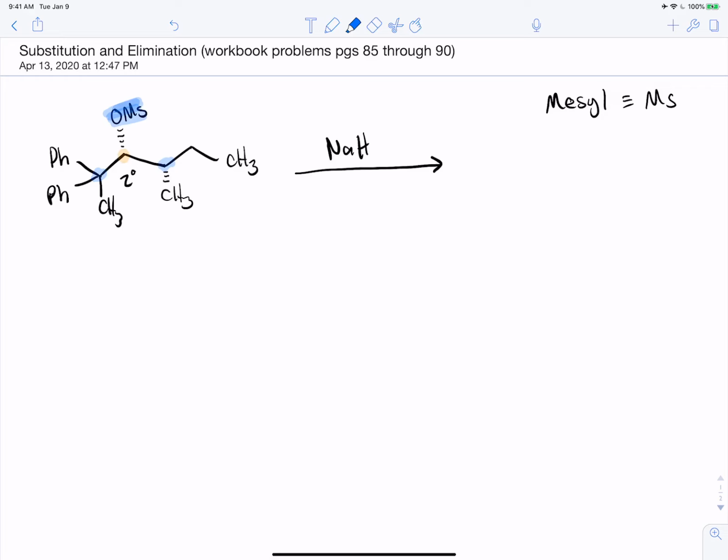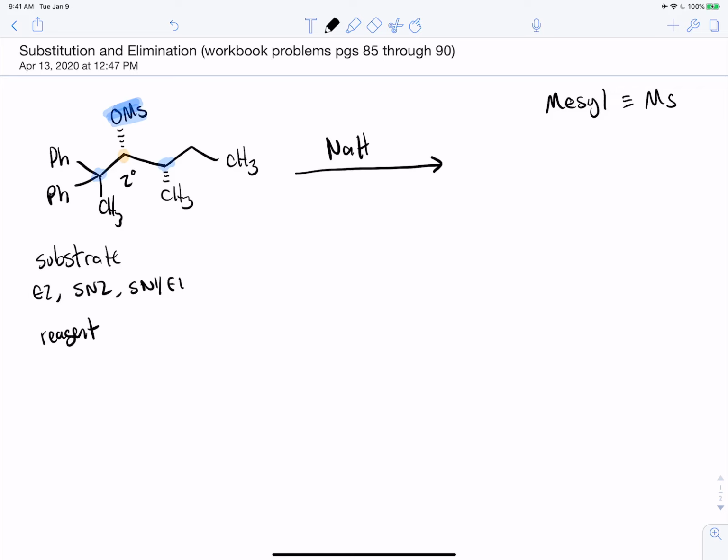If we're just starting with the substrate, what does that tell us? We know it could go through SN2, we know it could go through SN1, E1, and we know it could be going through E2. It could be any of them. Secondary supports all of those. So we have to go to the reagent.